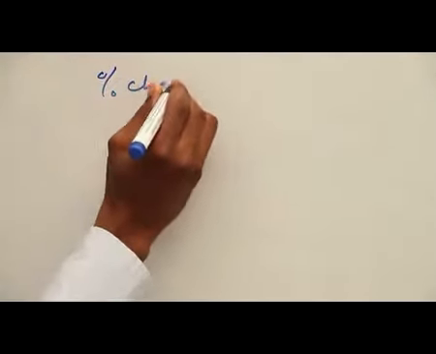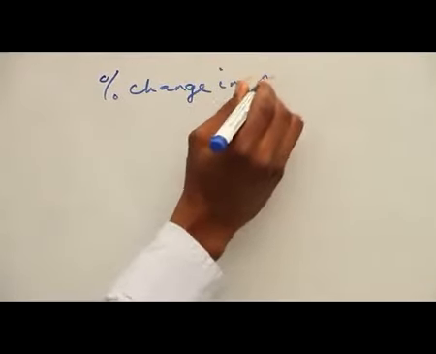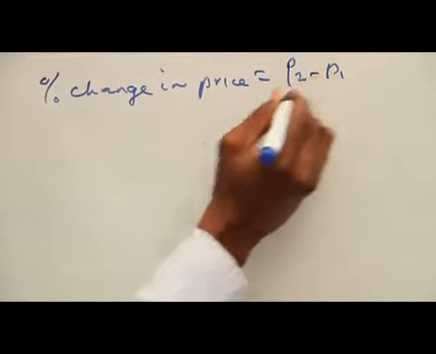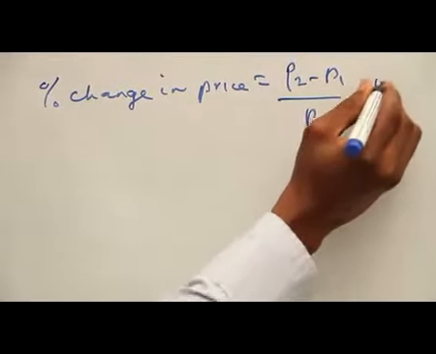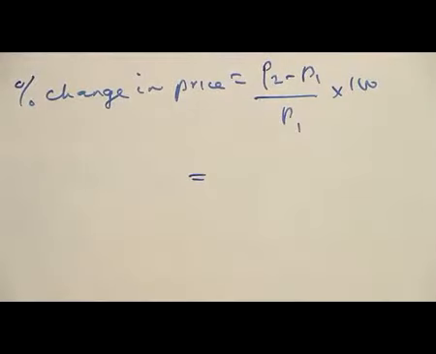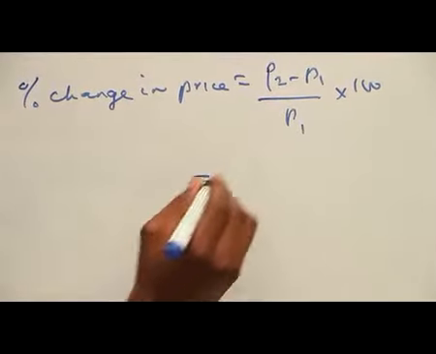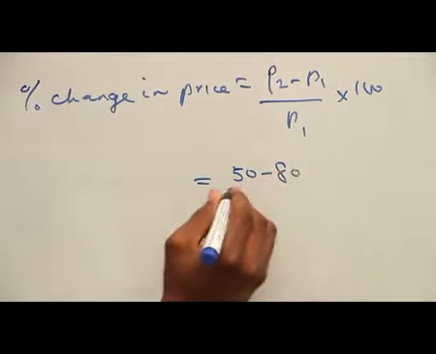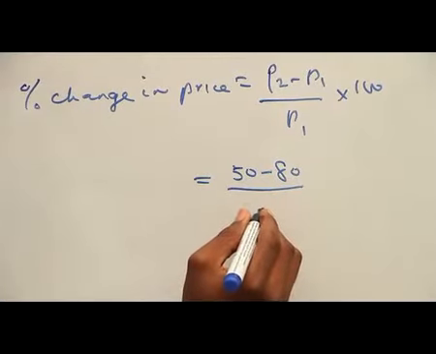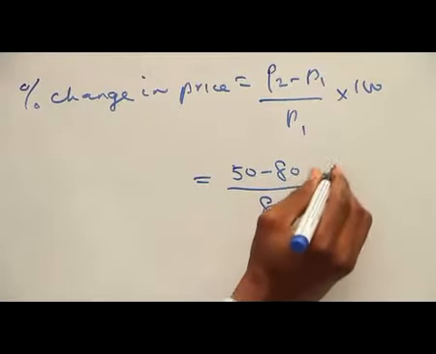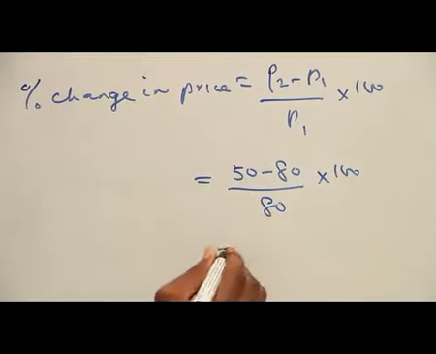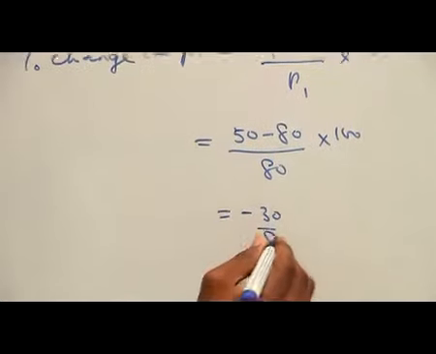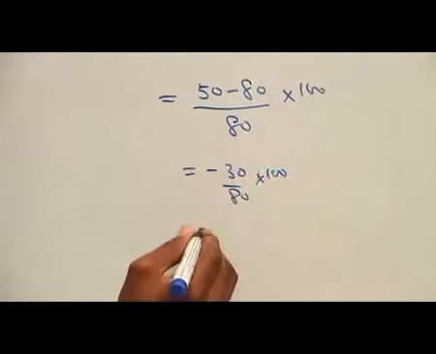Percentage change in price equals P2 minus P1 divided by P1 times 100. Our P2 is 50 naira, our P1 is 80 naira, over P1, which is 80 naira, times 100. The difference will be minus 30 over 80 times 100.